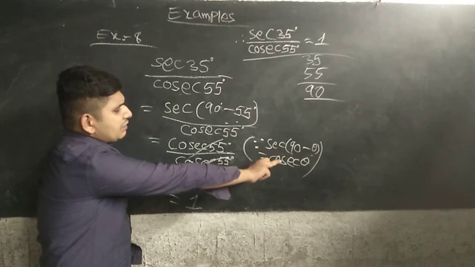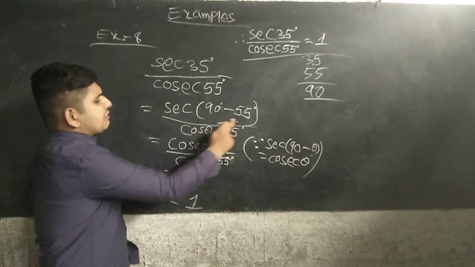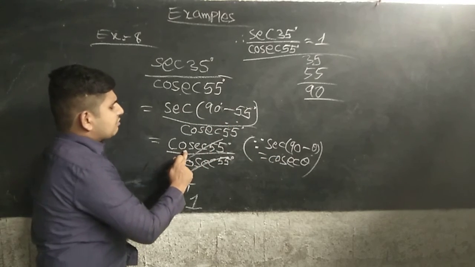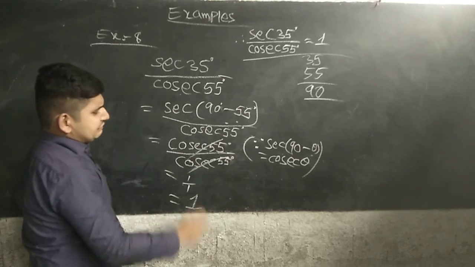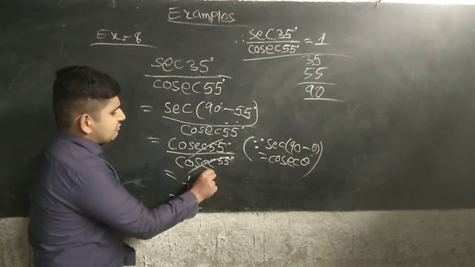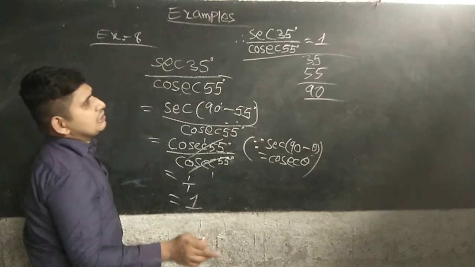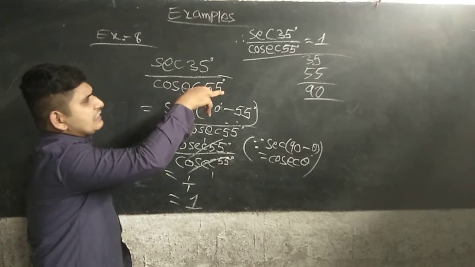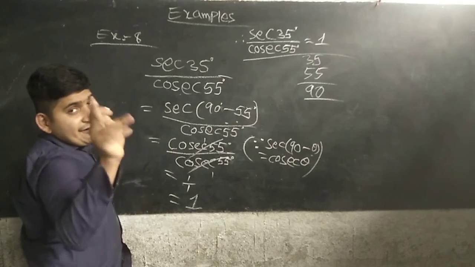Since sec of 90 minus theta equals cosec theta, sec of 90 minus 55 degrees equals cosec 55 degrees. Cosec 55 degrees by cosec 55 degrees both get cancelled, and you get 1 by 1, which is nothing but 1. Therefore, sec 35 degrees by cosec 55 degrees equals 1.